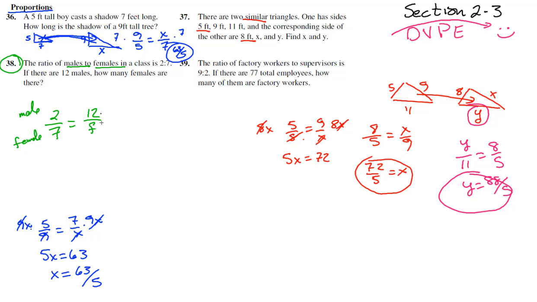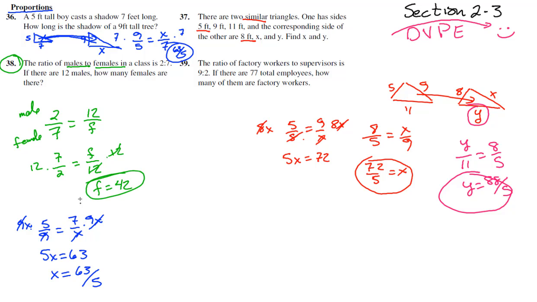We could times up here and times up here, or we could reciprocate both sides and write 7 females to 2 males has to be the females to 12 males. Times by 12 on both sides, and we get 12 times 7 is 84 divided by 2. The number of females is 42.